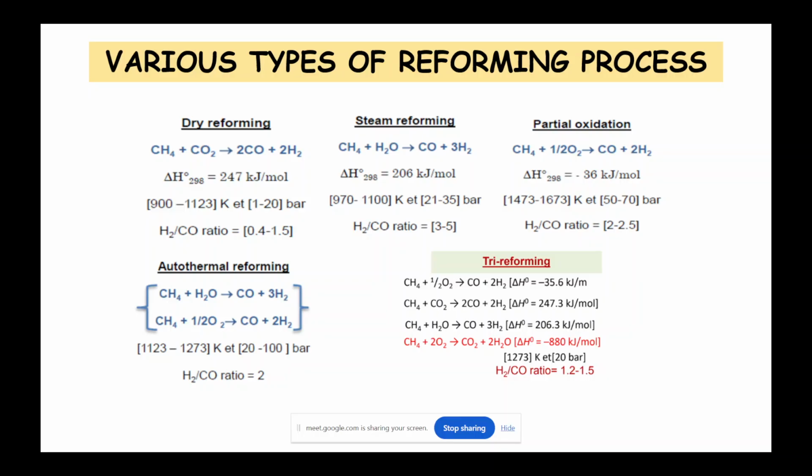In case of steam reforming, you are actually going to send in steam to basically convert your methane into carbon monoxide plus hydrogen gas.